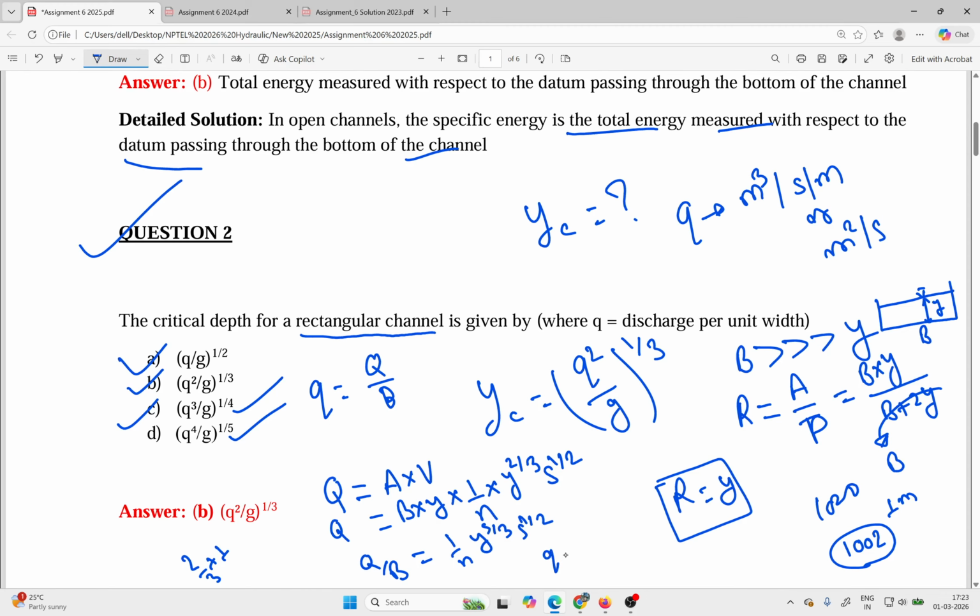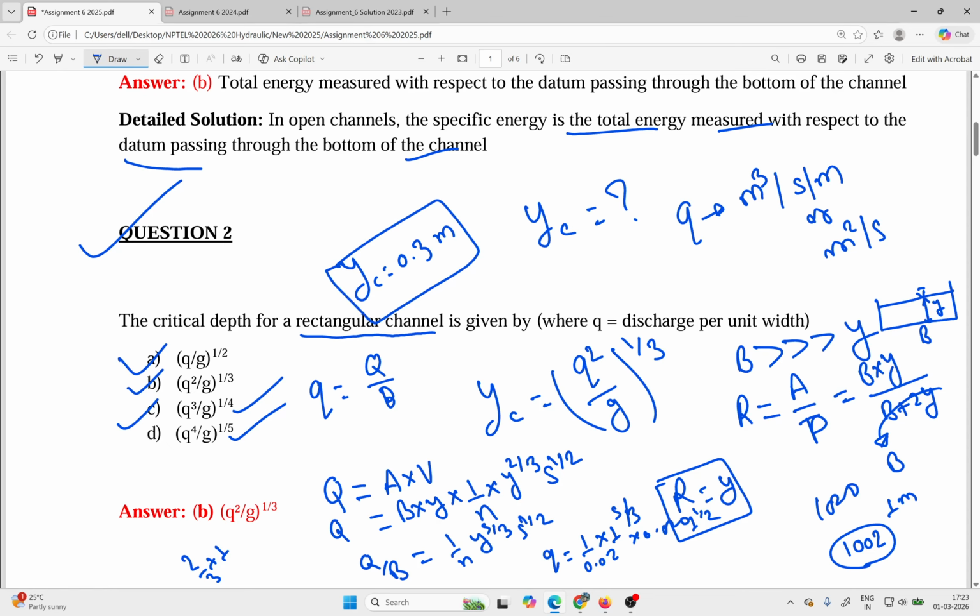So the small q value you will get is 1 by 0.02, Y was 1 meter, to the power 5 by 3, S was 0.0001 to the power 1 by 2. So once you calculate, after the calculation you will put it here, and finally you will get for that question your Yc will be 0.3.